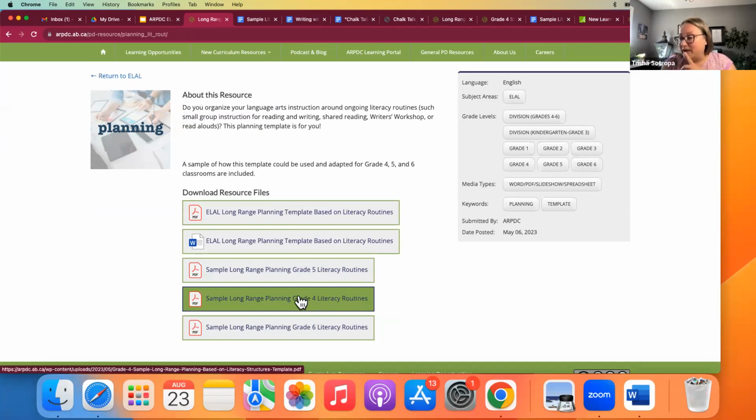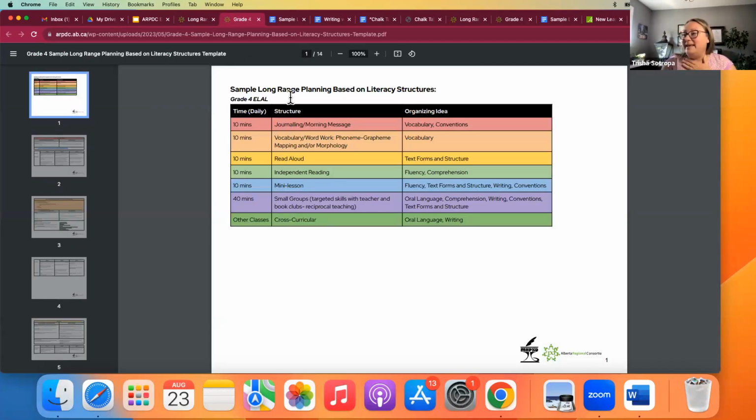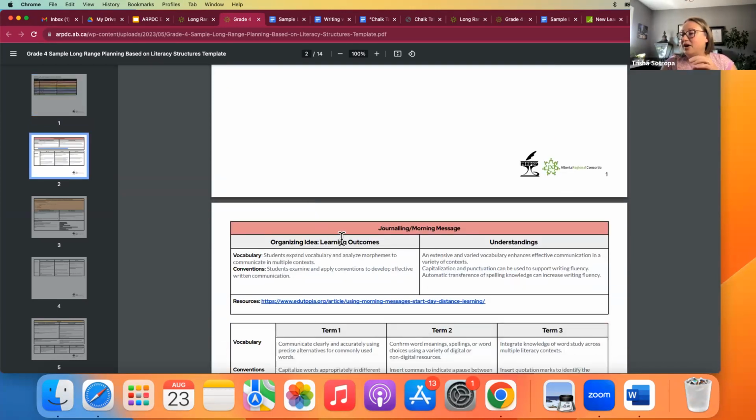So I'm going to open, well, I might open all 4 of them, but I'll show you the beginning is those literacy structures. And then throughout the unit, we took apart each section of that literacy block.